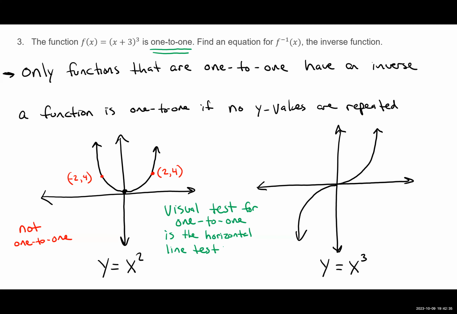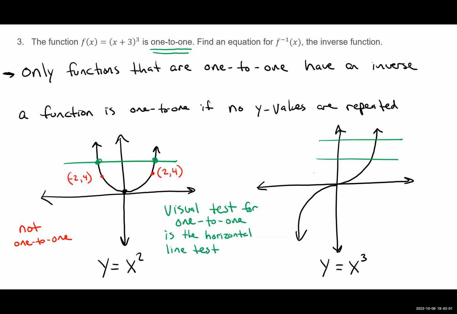It's called the horizontal line test because if you can hit a graph twice with a horizontal line, that means you have 2 points with the same y value. So if you can hit a graph with a horizontal line 2 or more times, then that function is not 1 to 1 and does not have an inverse.